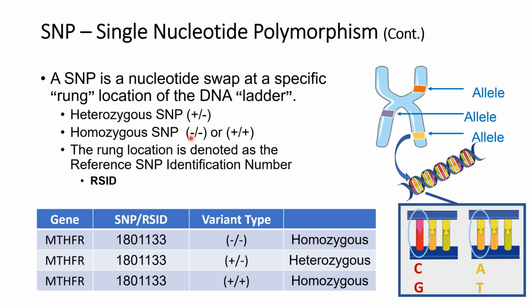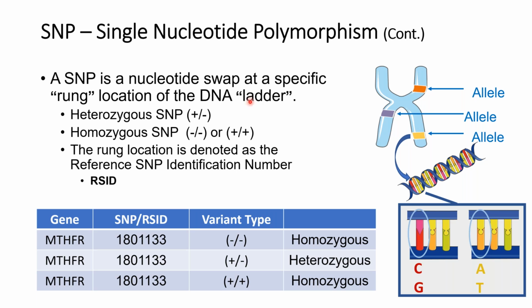Homozygous could be either a minus or a plus. So on the reports, minus means that there is no mutation or variation or SNP. It means that it is normal. Plus, which is also homozygous, will mean that from both sets of chromosomes, there are alterations.